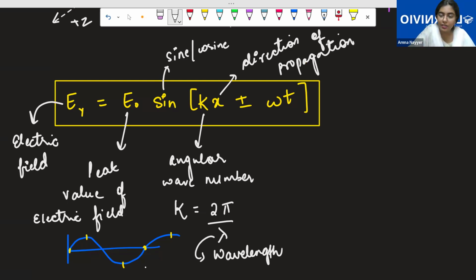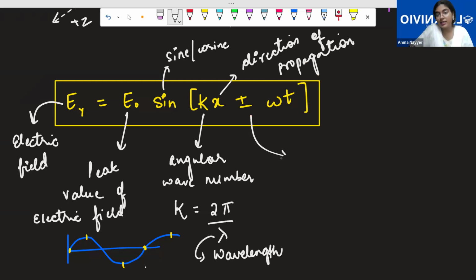Okay, this is the direction of propagation. Like if it is written X, it means X axis, Z can also be written, Y can also be written, anything can be written. But when I say Y, it doesn't mean that here also Y will be there. It will be something else because all the three are perpendicular to each other.